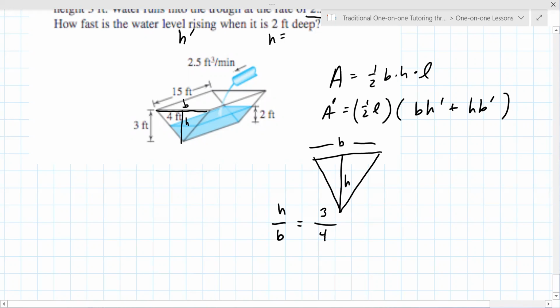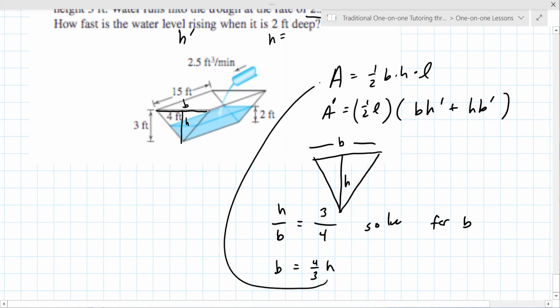And then you can solve for one of the variables. So you solve for B because you don't know B prime. If you solve for B and you get B equals 4/3 H, what that does is when you put this back into your A, you only have an equation in terms of one variable, which is very nice. If this is not clear, let me know so we can go through it again, because it's very, very important.